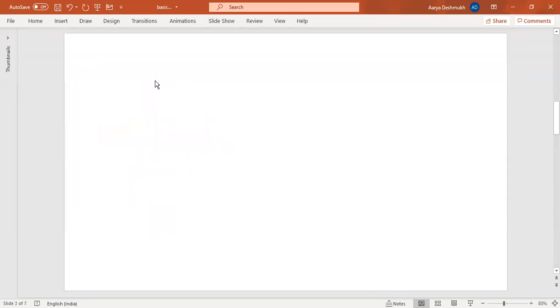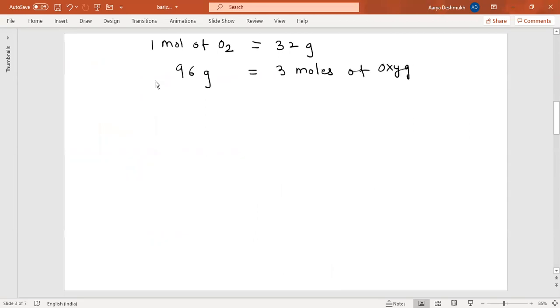Here you can write that, as you all know, 1 mole of oxygen would be 32 grams. Now, by looking at the reaction, 96 grams will be equal to 3 moles of oxygen. Why are we using 3 moles? Because we are referring to the balanced reaction.